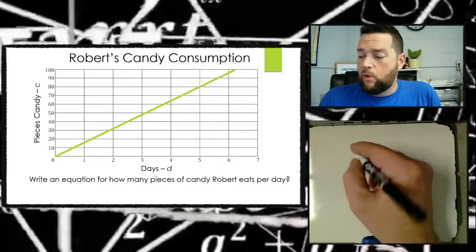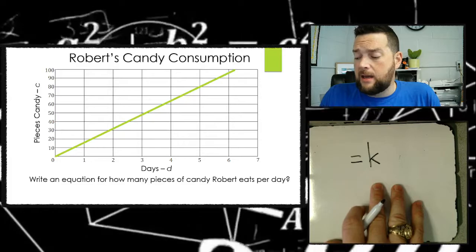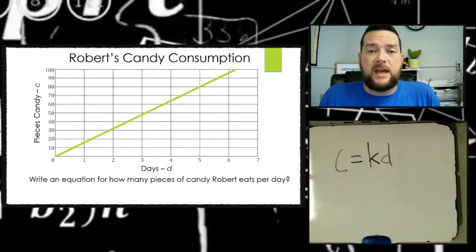So we can write this equation as candy is proportional to days, that's going to be our candy equals K times days, and the candy is directly tied to the number of days he's been eating.